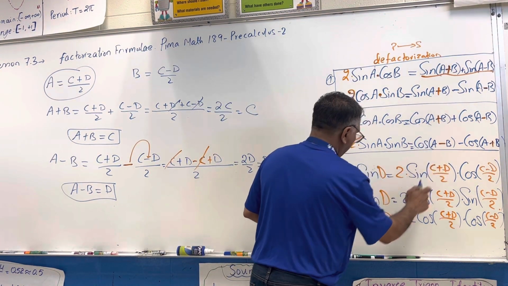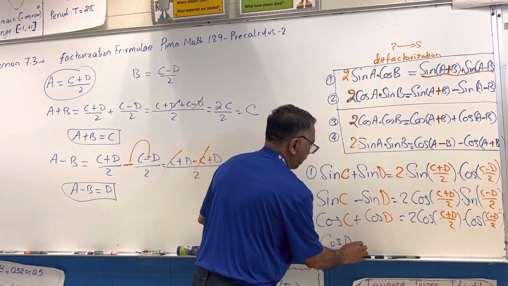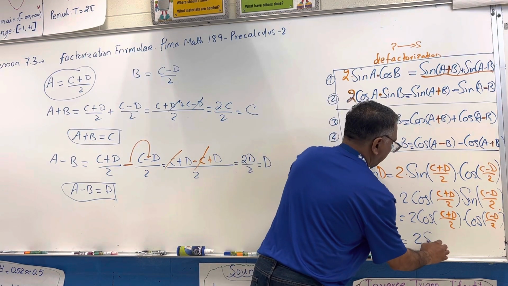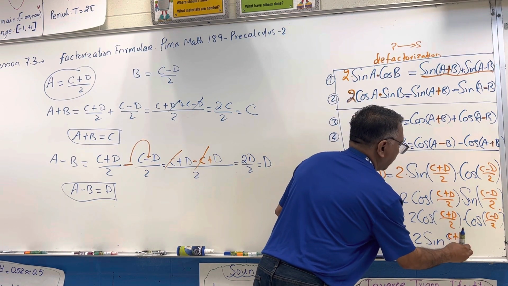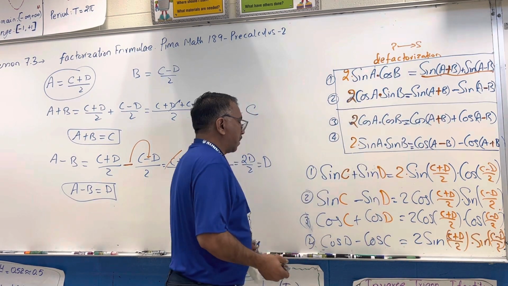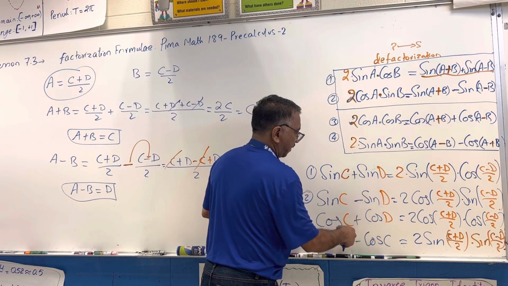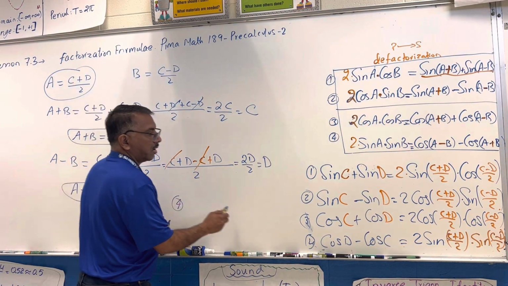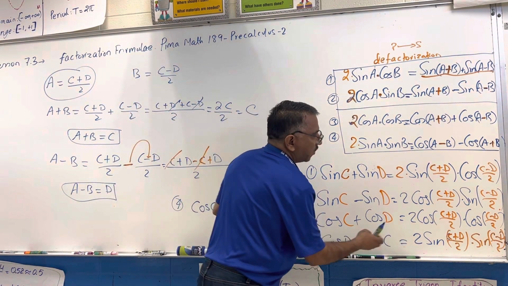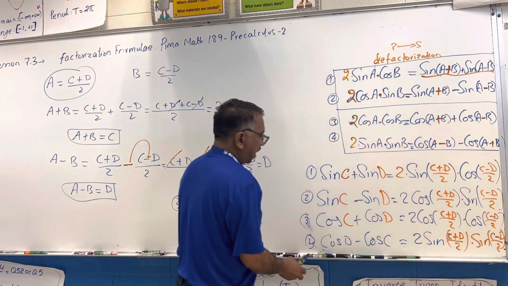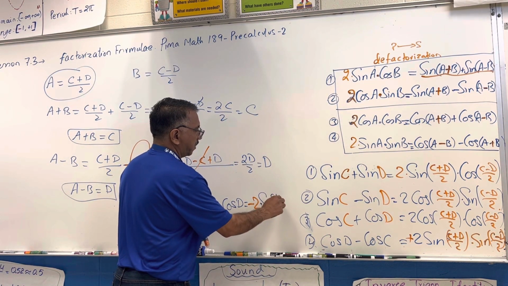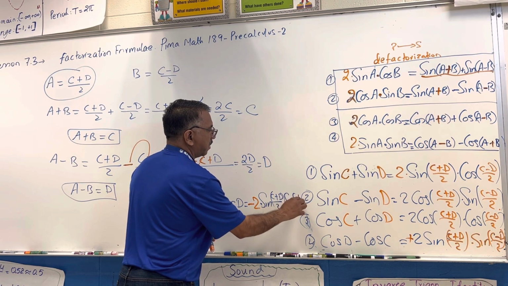And the fourth one is cosine of A minus B, so I write cosine of D minus cosine of C equals 2 sine of (C plus D) over 2 times sine of (C minus D) over 2. But all these should be in terms of C and D, so the last one can be adjusted and written as cosine C minus cosine D. Because you are swapping sides, instead of plus 2 I write minus 2, and you get minus 2 sine of (C plus D) over 2 times sine of (C minus D) over 2.